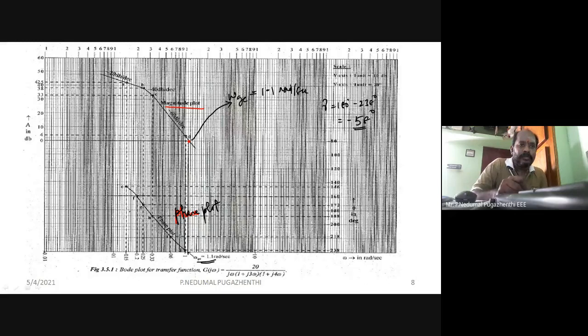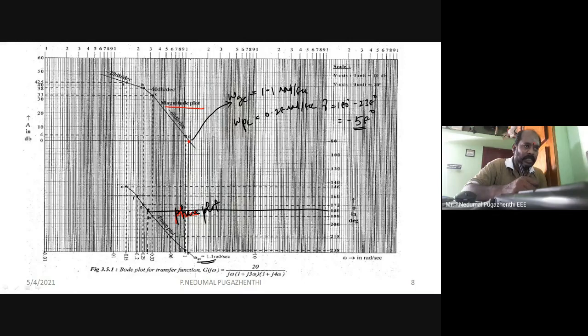The same way, if you take a line from minus 180 degrees, it is cutting my phase plot here. The corresponding omega is around 0.28. So omega PC, the phase crossover frequency, is 0.28 radians per second.